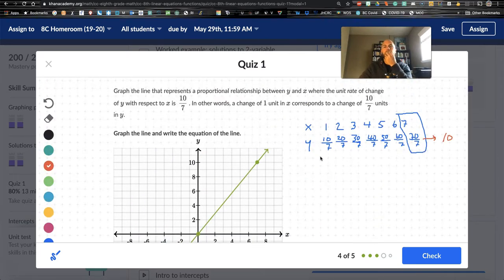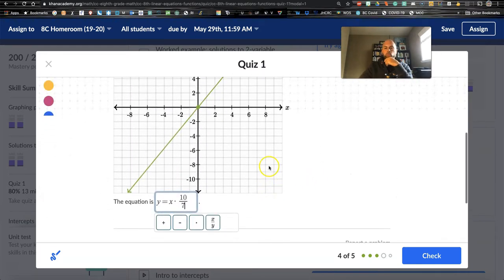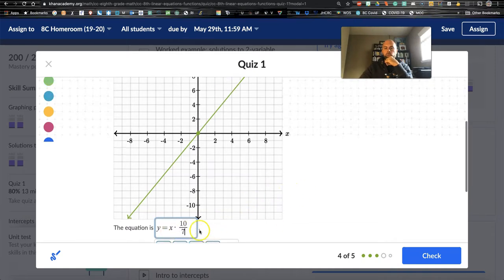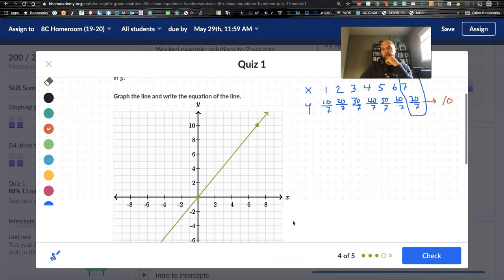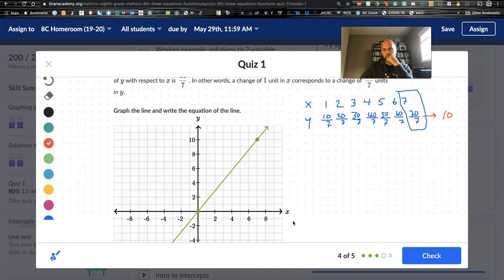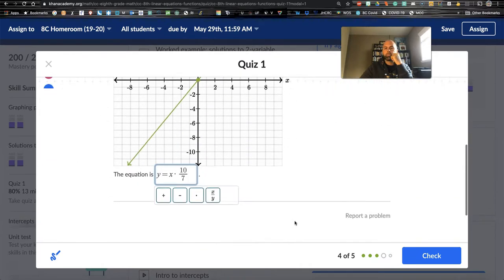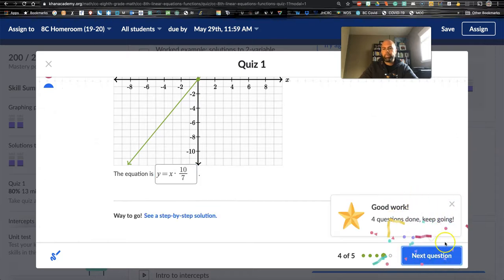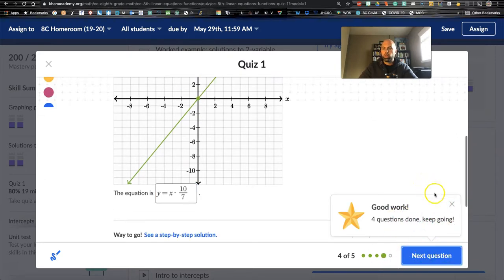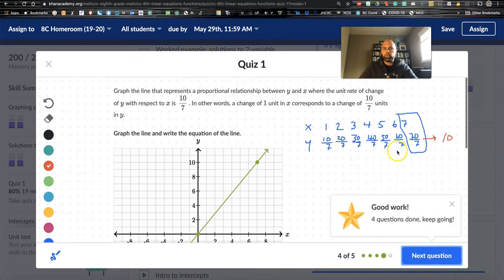Hope I'm writing that correctly. But does that make sense? So y is always going to be whatever x is times 10 over 7, which is 1 3/7. Yeah, I hope I'm doing that correctly. All right, let's give it a shot. Rewind the video if you didn't follow my process there.